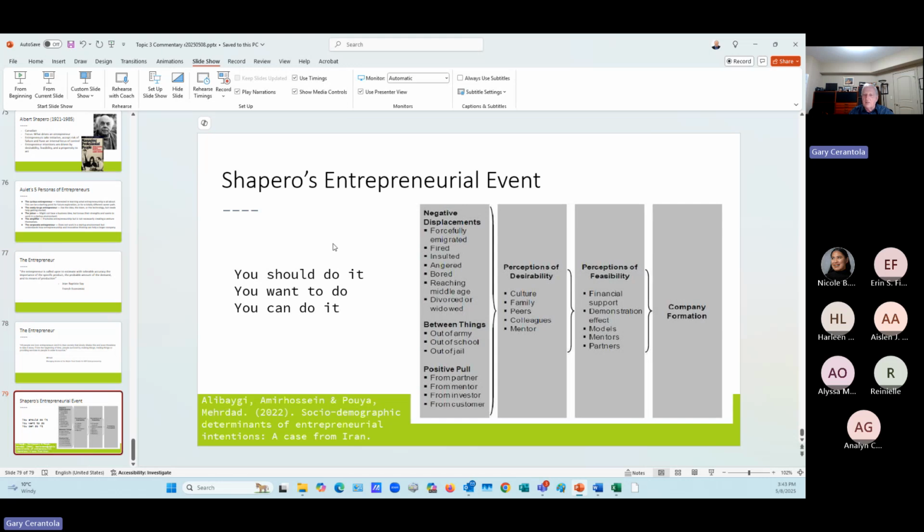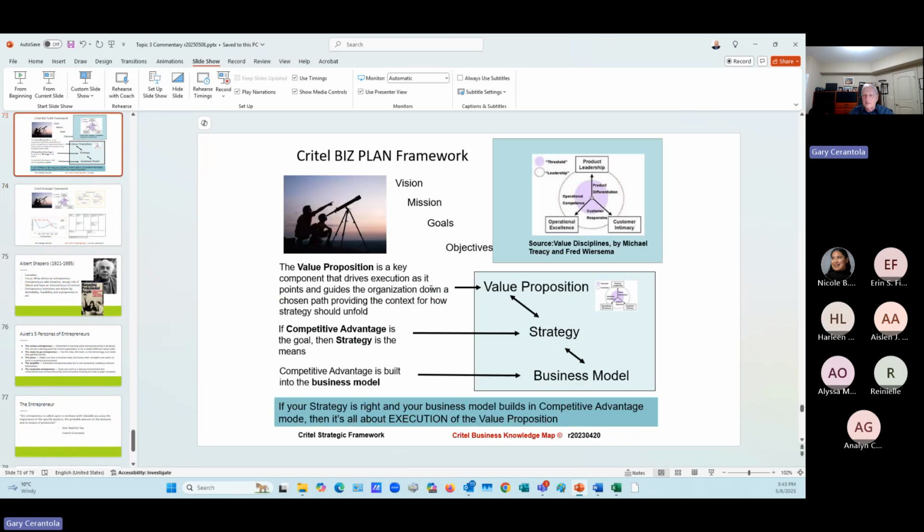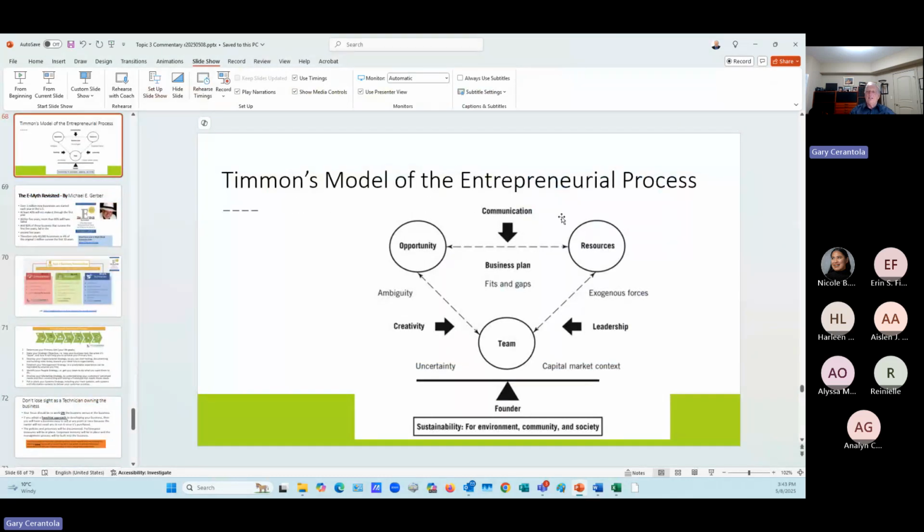Yeah, I think that's all I'm going to talk about. There's nothing highlighted here. You might want to take a look at the 5 personas of entrepreneurs, because there's different types of entrepreneurs, and you could be a different type and understand that, hey, I can make this work, and that's about it.